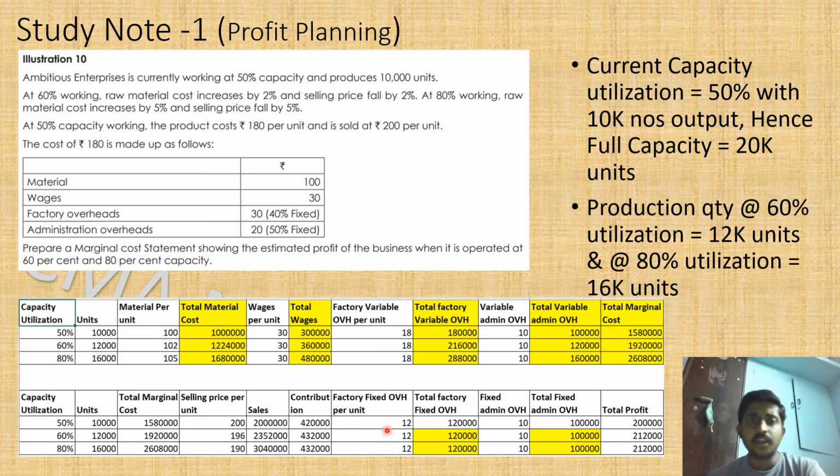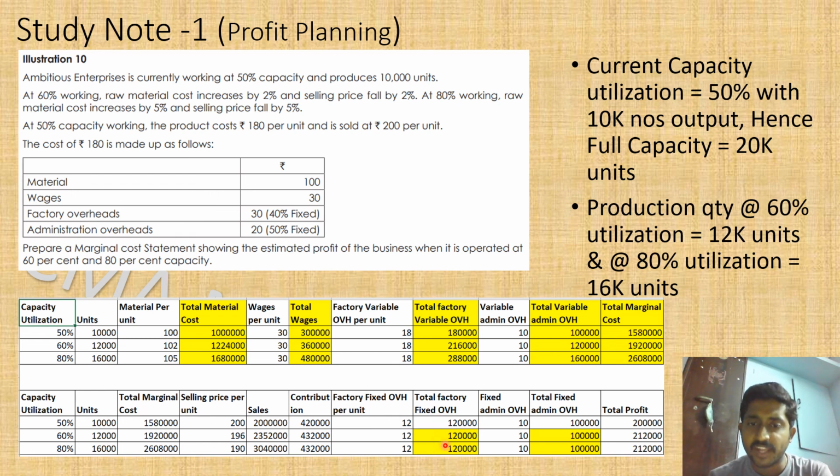So in the current scenario, what will be the P&L fixed cost? Factory fixed cost: 40% on 30 rupees is 12 rupees, and 12 rupees multiplied by 10,000 is 1.2 lakh. So even if you produce 12,000 or 16,000, the 1.2 lakhs is going to remain constant.